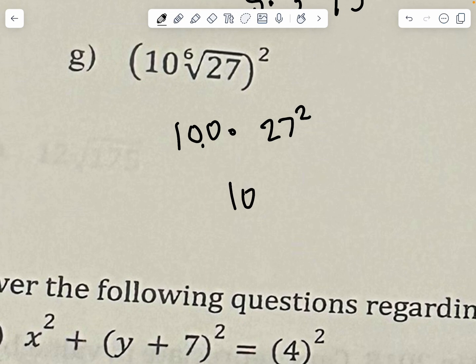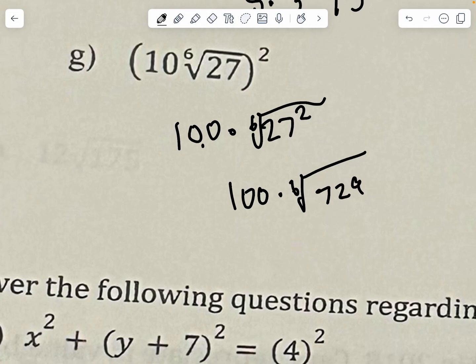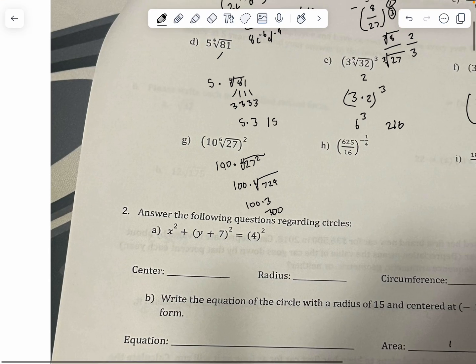So it's 100 times the 6th root of 729. 100 times 3. So your answer is 300 for that.